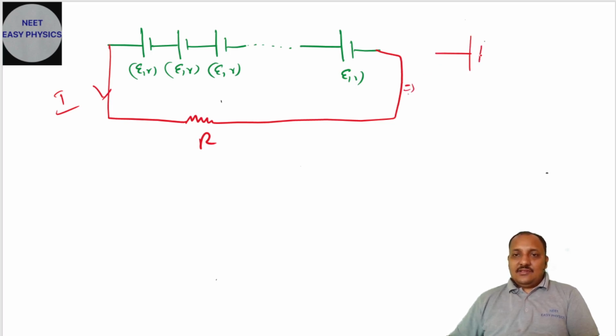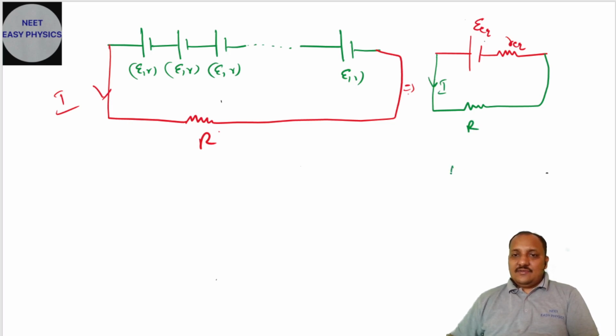If you combine all these, you will get E equivalent and R equivalent, connected to the external resistance capital R.